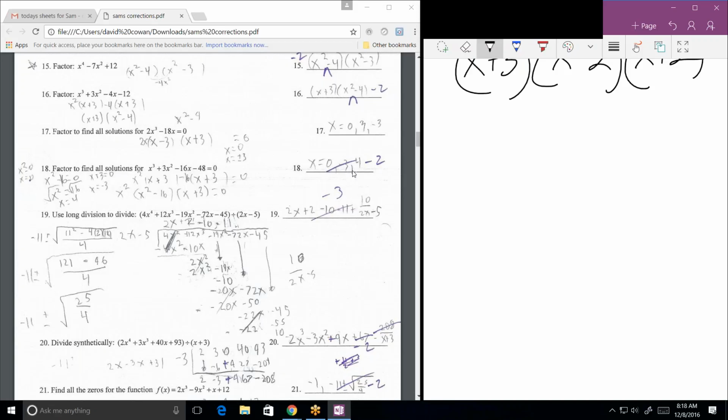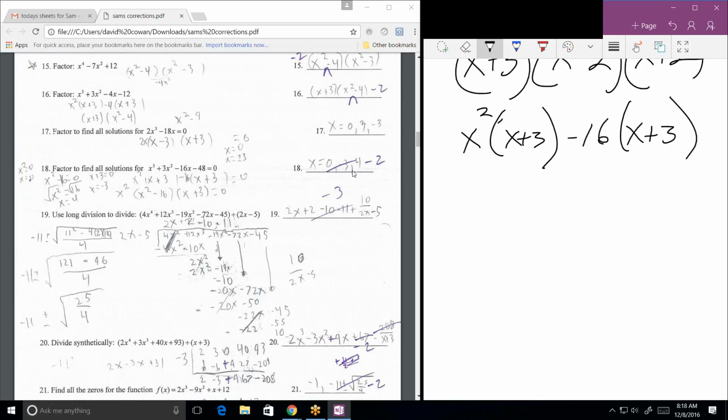So here's what I'm looking at that I think I see. X squared times x plus 3 minus 16 times x plus 3. Now take this further down. In other words, what's the next step after this?